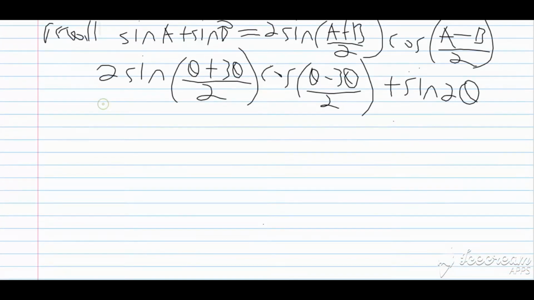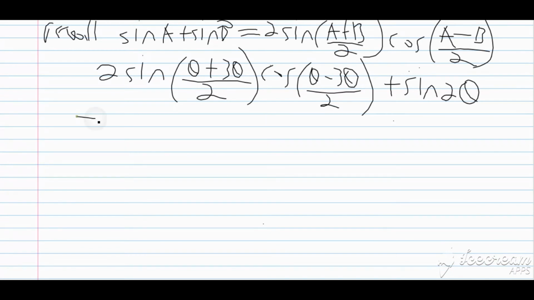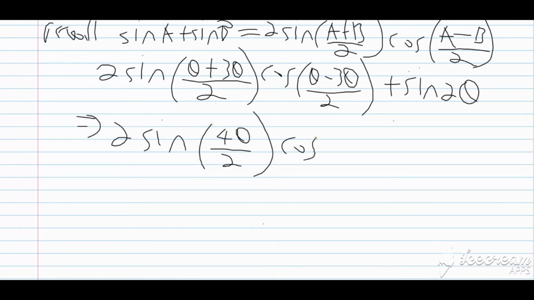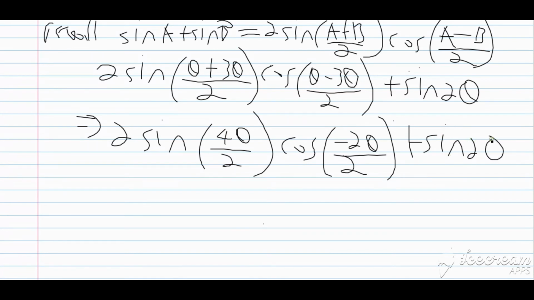All right, let's break this down. This is going to give me 2 sine. When I add theta plus 3 theta, that gives me 4 theta upon 2, times the cosine of negative 2 theta upon 2, plus the sine of 2 theta.